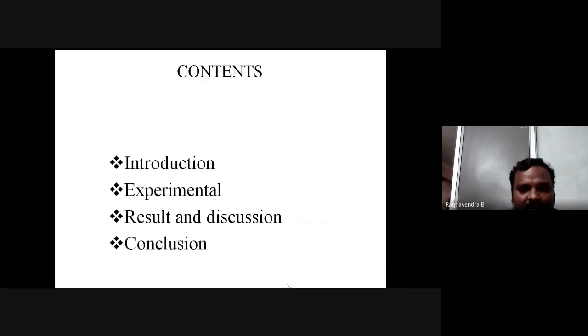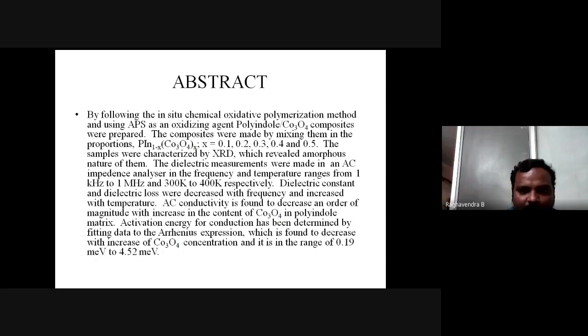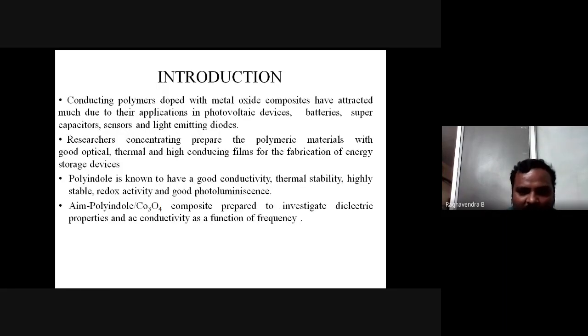So this is the abstract of my work. There are many conducting polymers in nature, like polyaniline, polypyrrole, polycarbazole. Likewise, polyindole is one among the conducting polymers. I have chosen polyindole because it exhibits good thermal property and good conductivity, and it is highly stable.